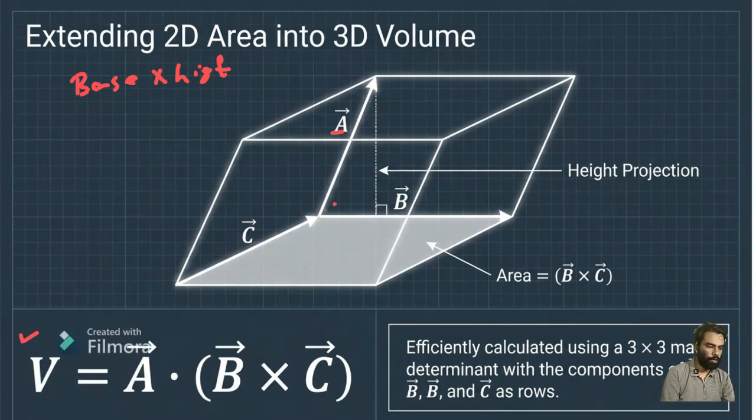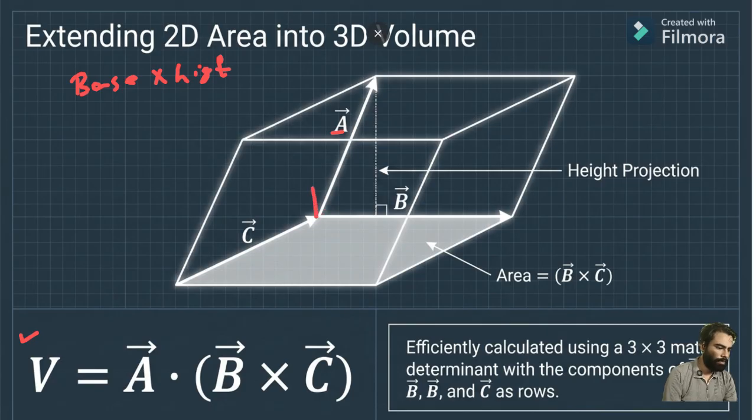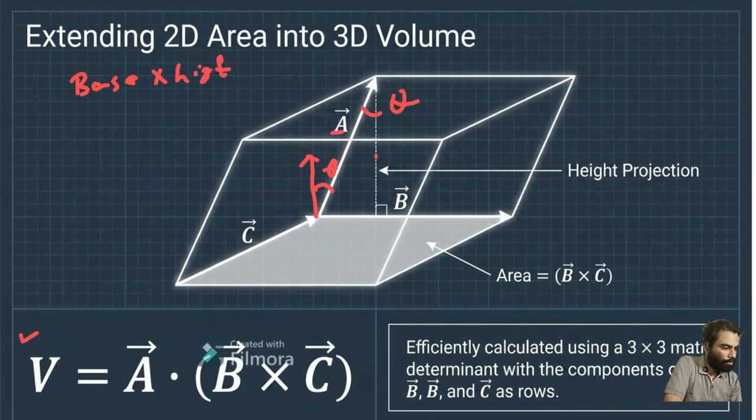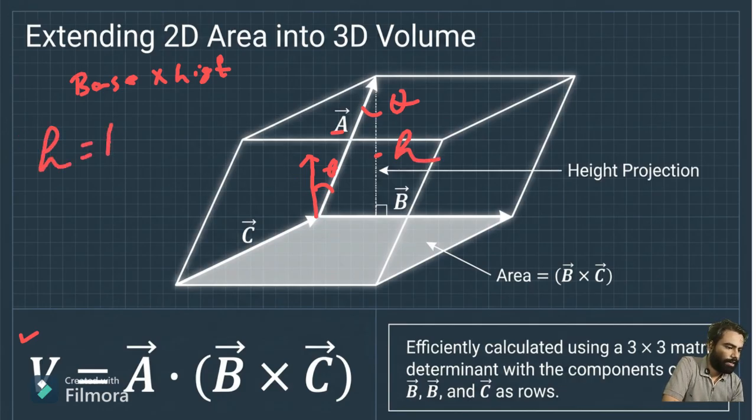Now what is the direction of this B cross C? This direction will be perpendicular to this surface. We can call this angle theta, right? From basic elementary geometry you can see that this angle is also theta. So the height h is A cos theta.